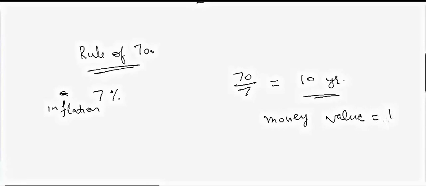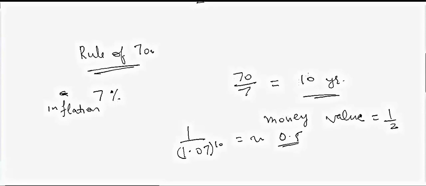You can do this in an accurate way by doing 1.07 raised to the power 10, and if you see, that will be approximately equal to 0.5. So it takes around 10 years if the inflation is 7% for money to be half.